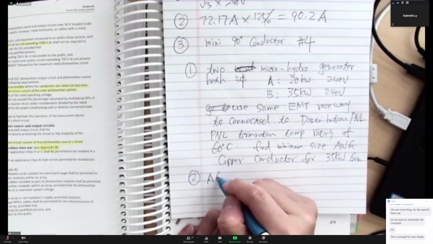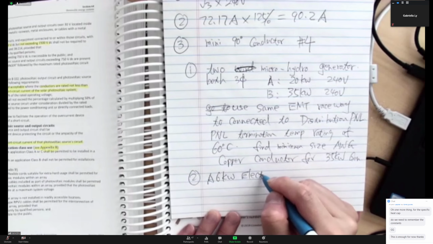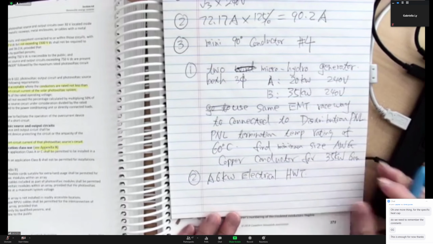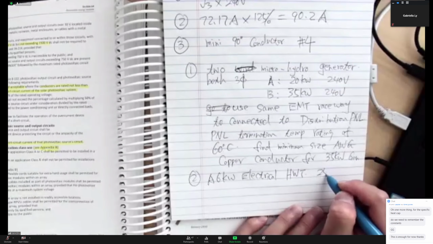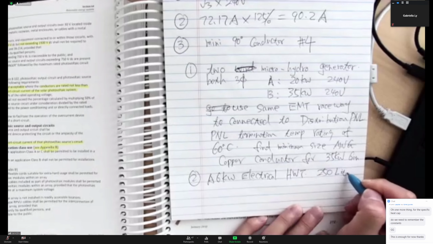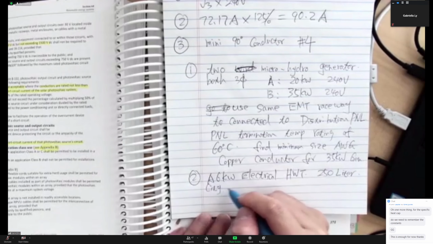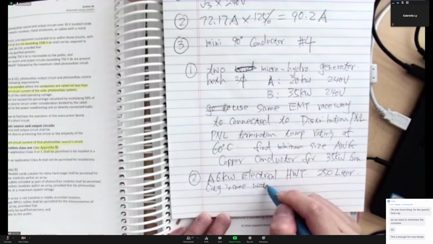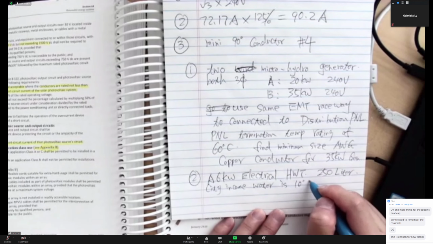Okay, 6 kilowatt electrical hot water tank, 250 liters. City's incoming water is 10 degrees Celsius.